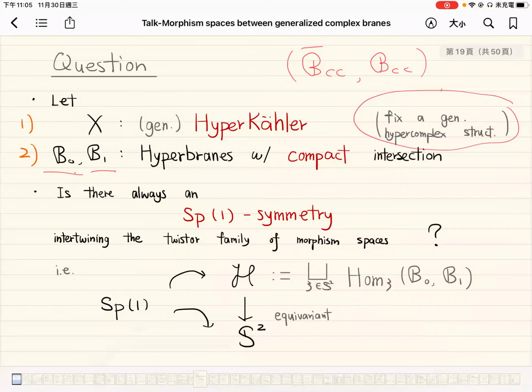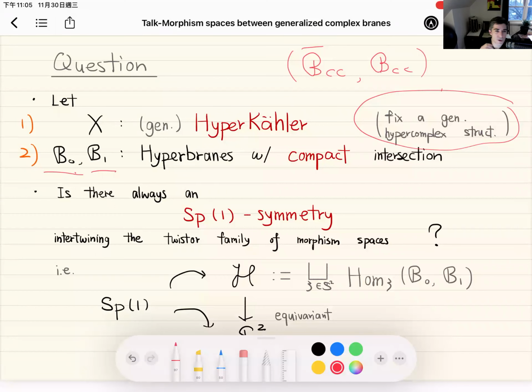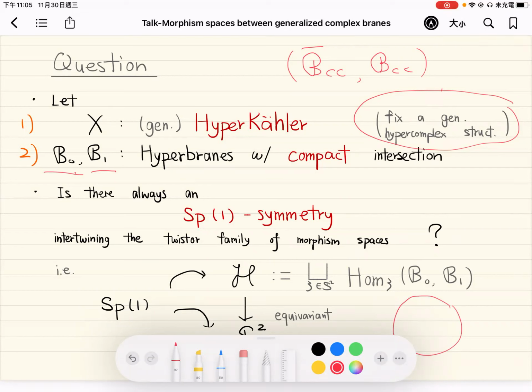Yeah. As I said, the two sphere. But isn't it true though that you have this hyperkähler manifold, and you have a huge family of generalized complex structures on it, right? Sure. And these generalized complex structures, they're kind of like different topological twists. So they should, yeah, be sure, exactly.